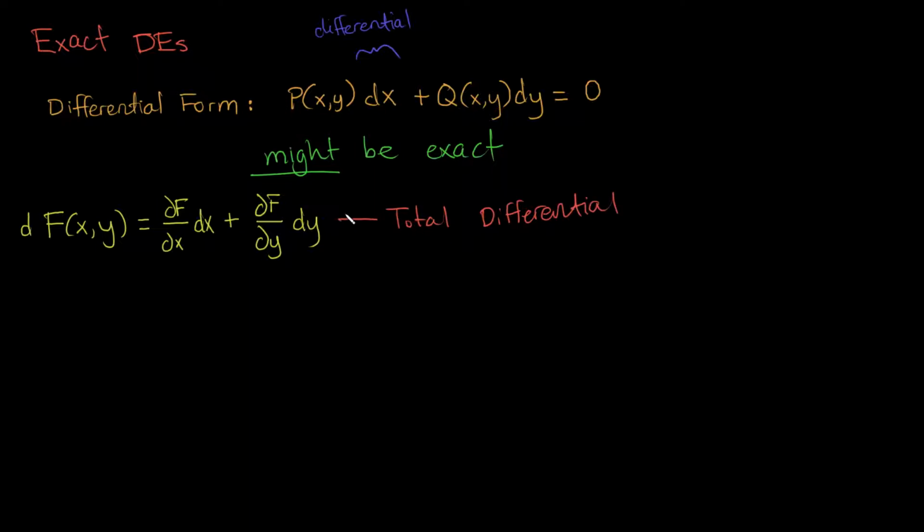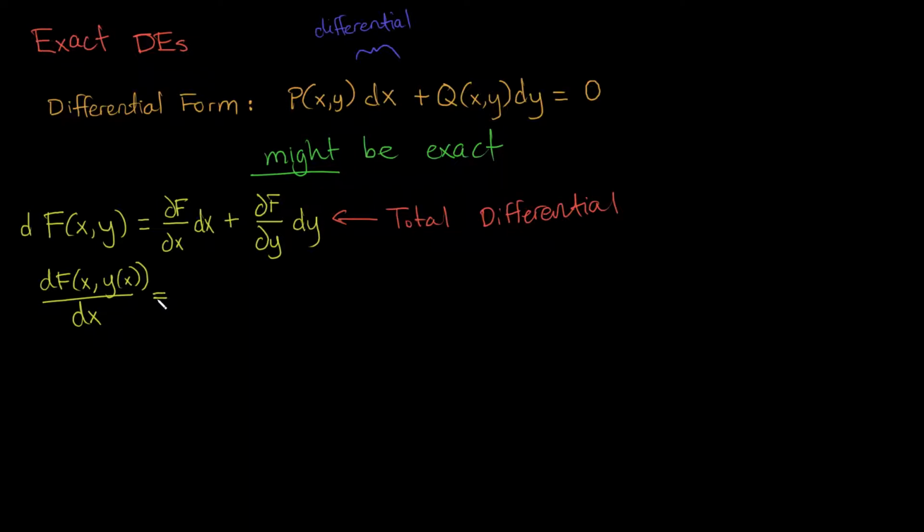Total differential. Showing how you might get to this, what you can do is you can say, okay, what if we took the derivative of f of x and y, and we can remember that this is truly just y of x, playing hide and seek there, with respect to x.